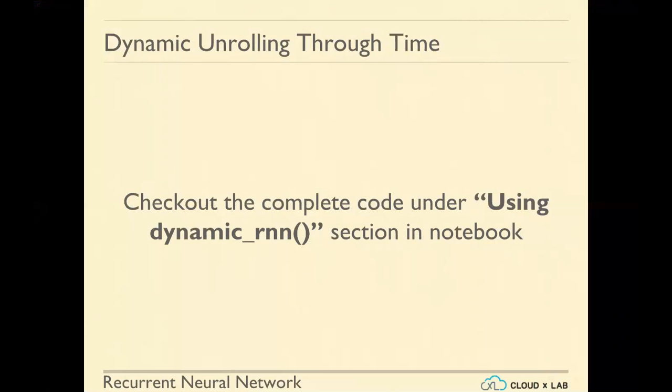We're going to train it exactly the way we trained other neural networks, by creating the optimizer and so on. We'll create the loss function, then we'll create an optimizer, and then we'll run optimizer.minimize, and that's how we're going to train it.